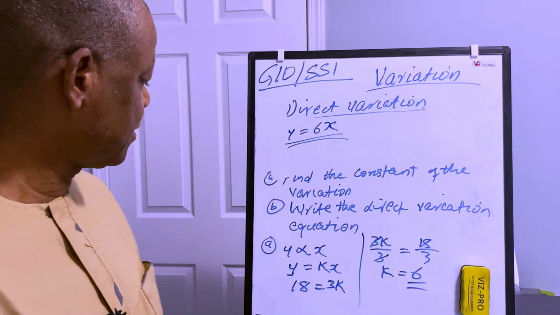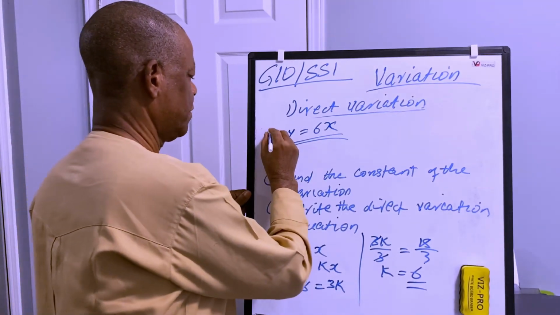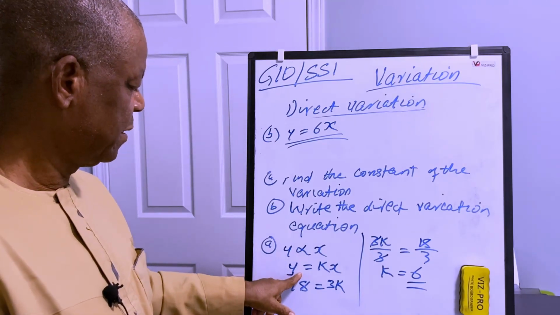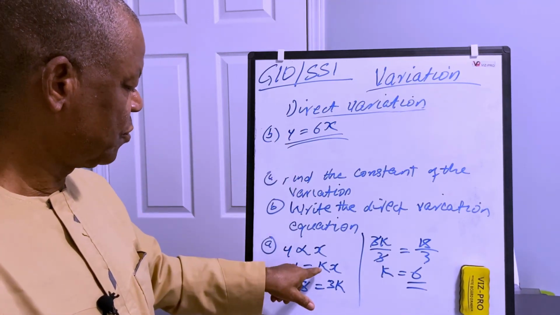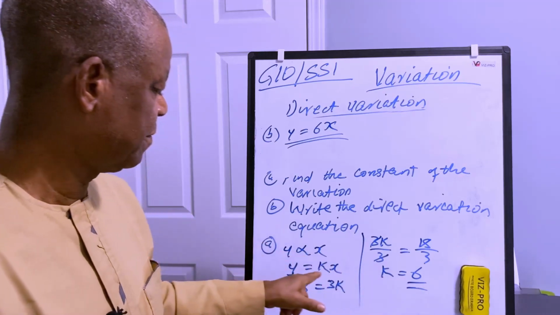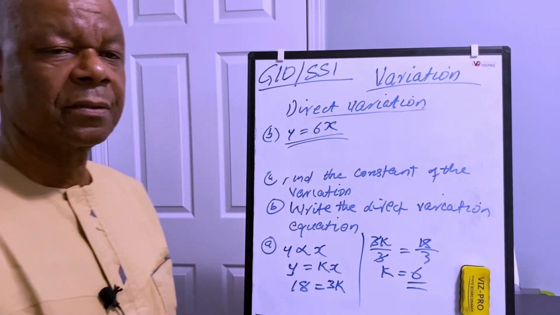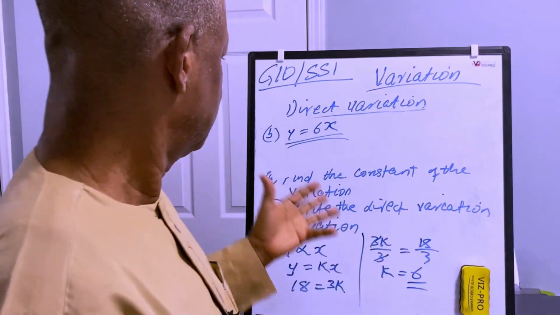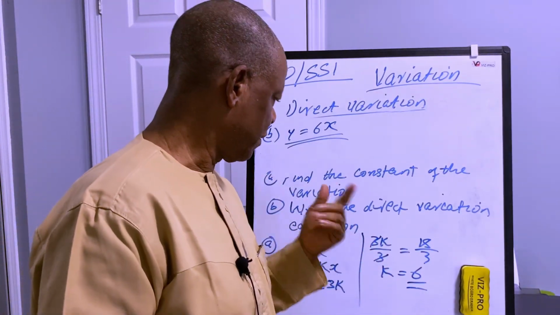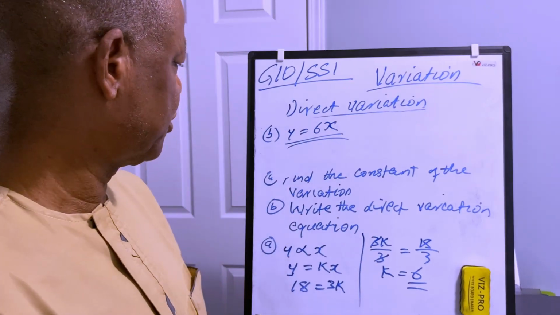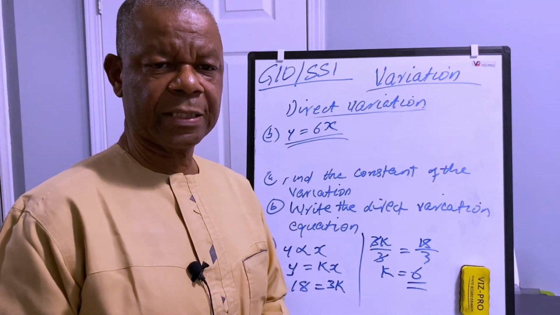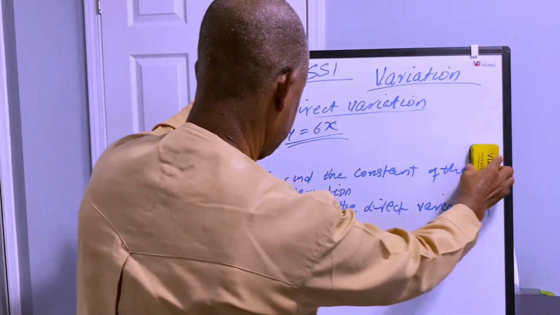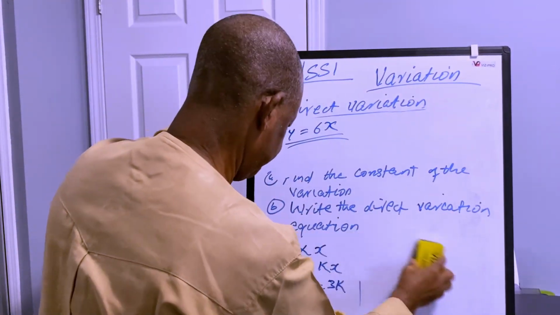This is our answer for B. This is the direct variation equation of this particular variation. I hope that one is clear. Let us treat another question under this.